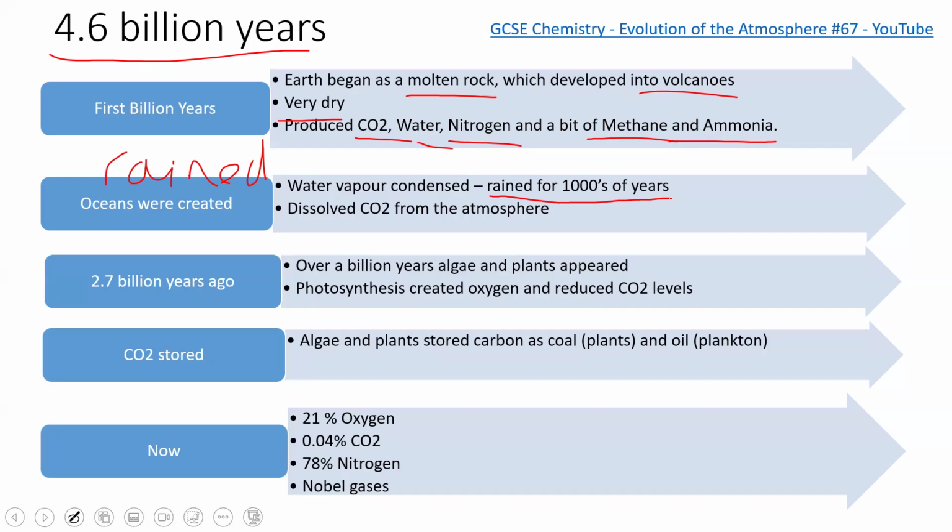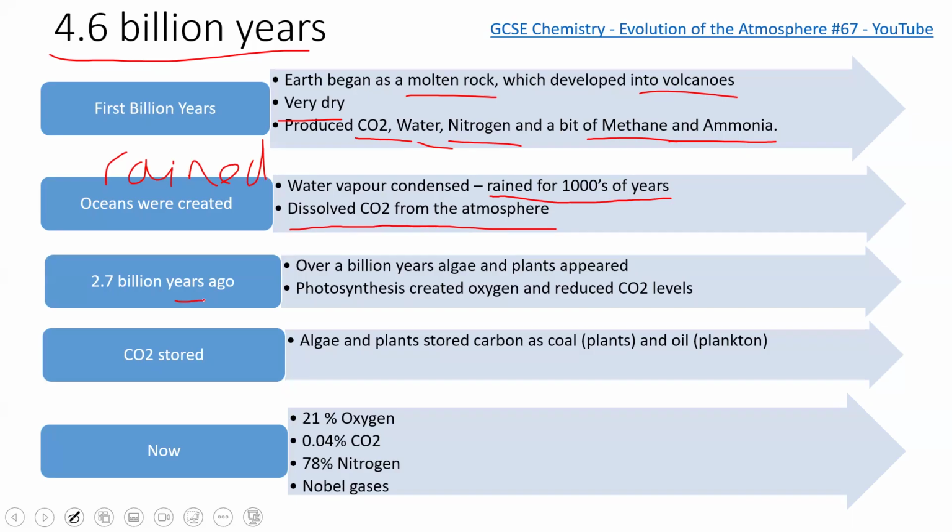That means a hell of a lot of rain to make the oceans, like the Pacific and the Atlantic. That is why they say it rained for 1,000 years. During that rain period, it dissolved a lot of carbon dioxide. Rain comes down, picks up the carbon dioxide as it falls, dissolves it, and it stays in the sea. So therefore, carbon dioxide percentages are decreasing.